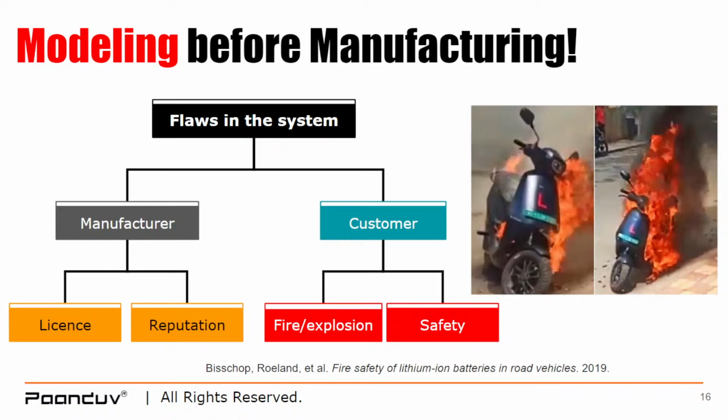Manufacturers probably have not done enough computational modeling of their battery systems, and they have released the product to the market, and this is what is happening. On the manufacturer side, you are losing face. Your licenses might be at stake, your reputation might be at stake, and from the customer side, it is directly costing the customer money, and even more importantly, the safety of the customer is at stake.